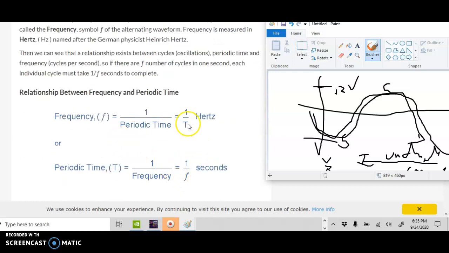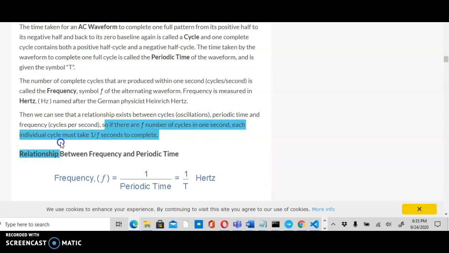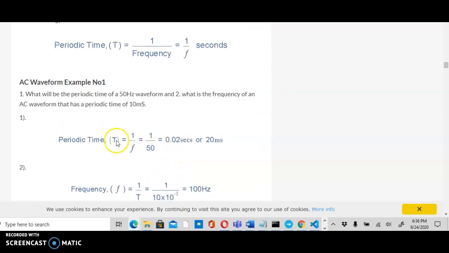So the periodic time is 1 over f, where f is the frequency. So periodic time is 1 over f, which is 0.2 seconds. So you can figure out what the periodic time is.